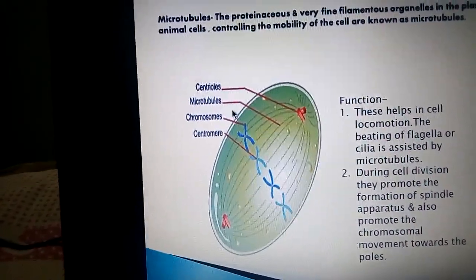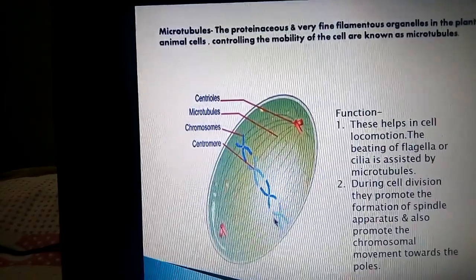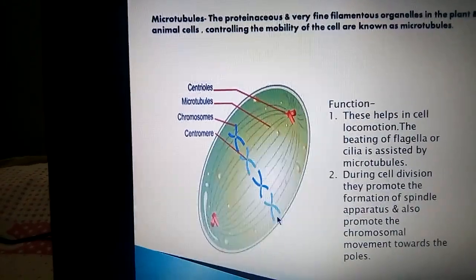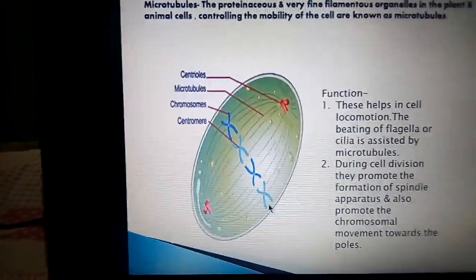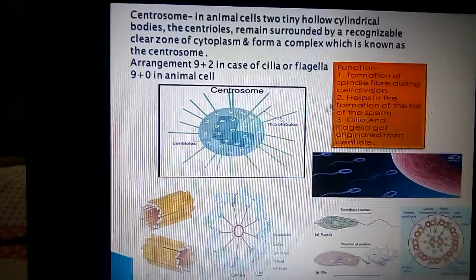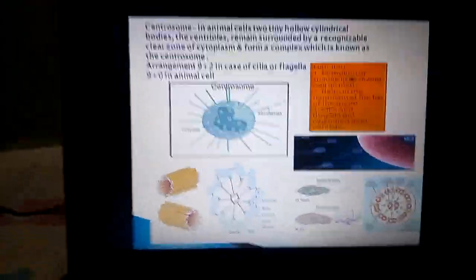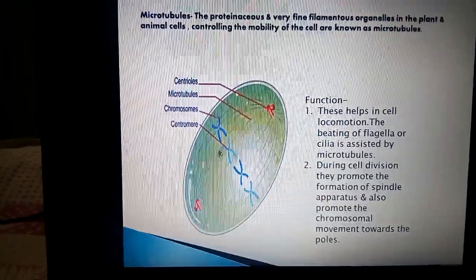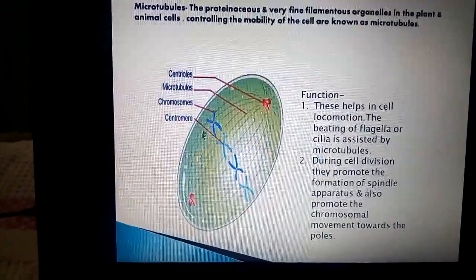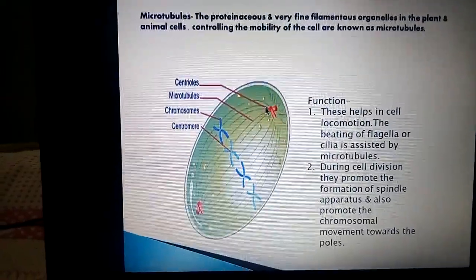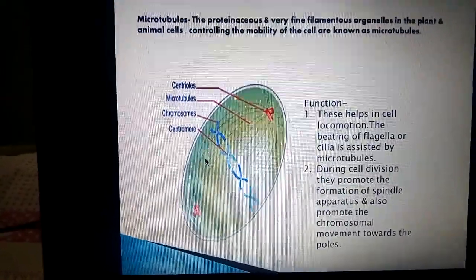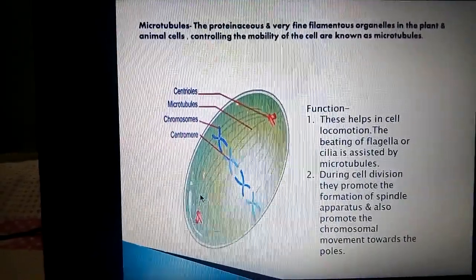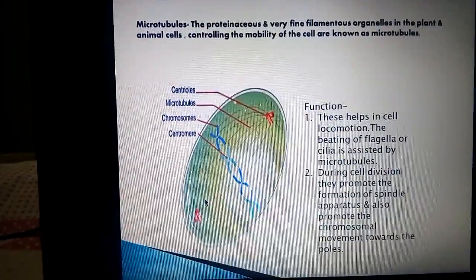So the first function: this microtubule helps to attach with the chromosomes. That is why this is known as spindle fiber formation.